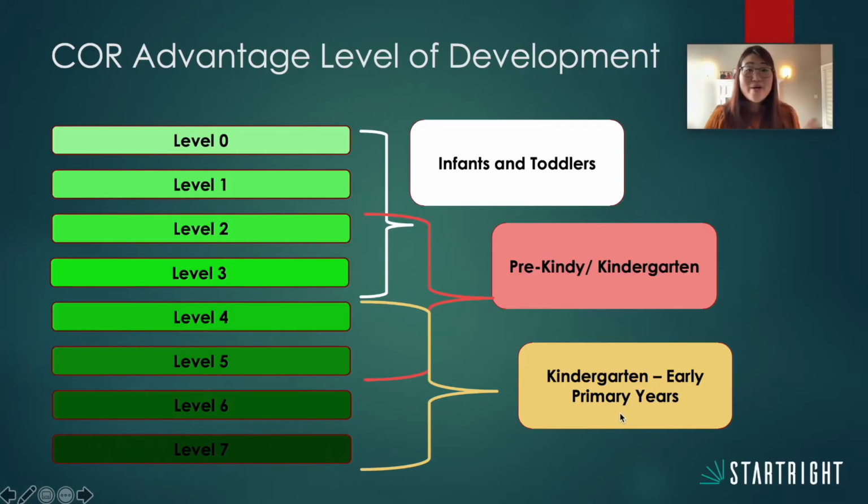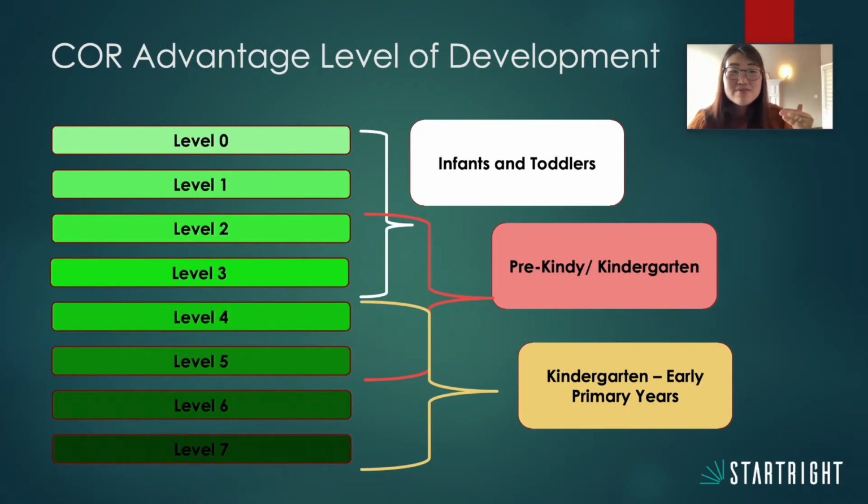Like the Candy Crush game, the COR Advantage has 7 levels, okay? Because we're only looking from infant to kindergarten years, we are not looking to adulthood yet. Candy Crush has maybe 30,000 levels, I don't know how many, but COR Advantage has 7 levels. These levels range from birth to kindergarten.